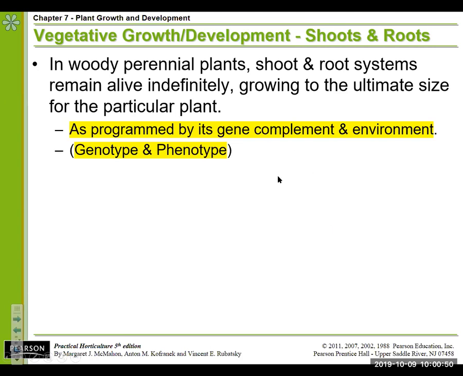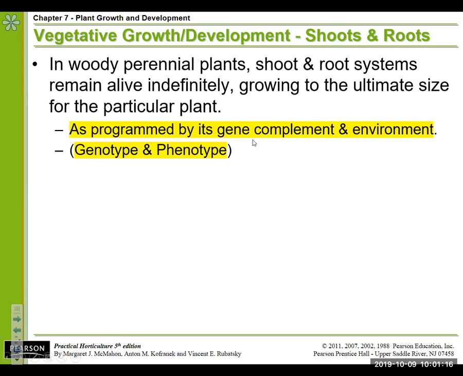So we think of the ultimate size of the plant as being programmed by its genetics, but also complemented by the environment. So we have the genotype, which is just the genetics of the plant, the DNA, what the DNA says and how it's transcribed. And then we have the phenotype, which is how the environment causes that gene set to be displayed.